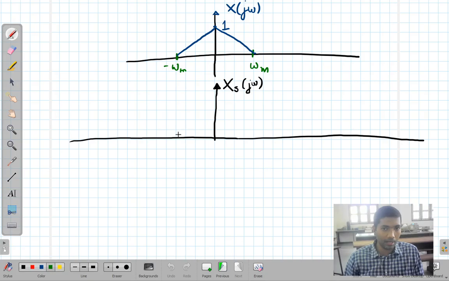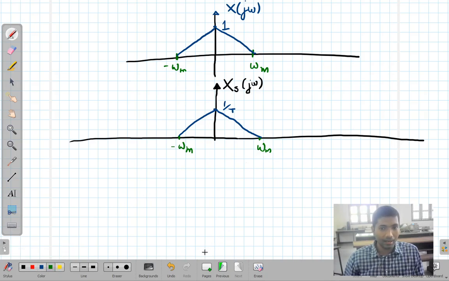X(jω) is a band limited signal, as we saw previously. It has -ωm and +ωm, and the signal is something like this. There is one difference. The peak is now not 1, but 1/T, because we have a 1/T multiplier. So this is X(jω). Now what is the next signal? This is the important thing.